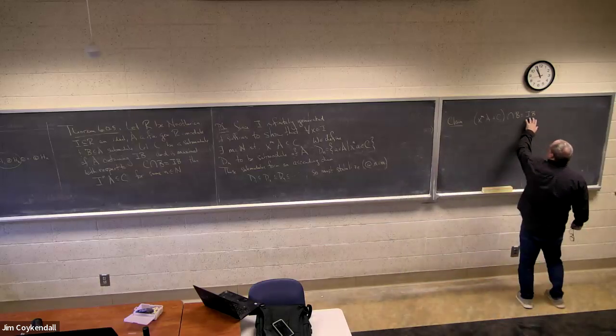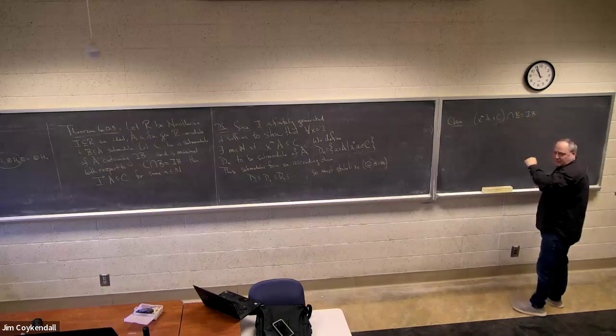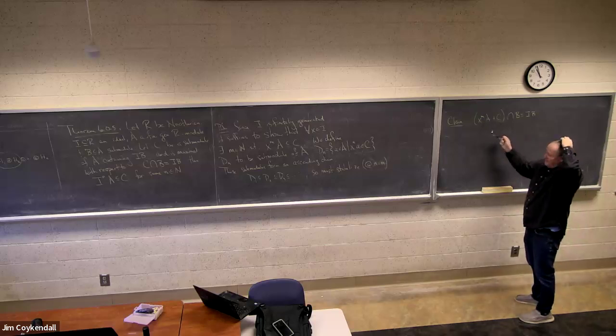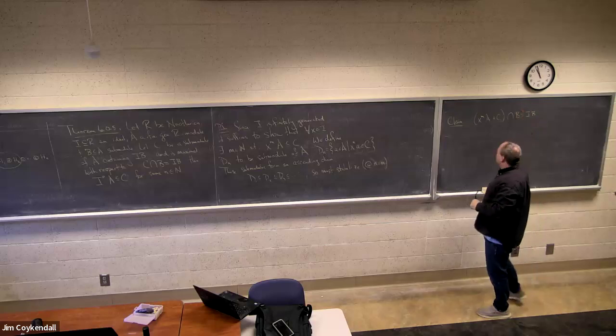Notice that this containment is clear, isn't it? Because IB is certainly in B, and IB is in C by hypothesis, and of course, C contains the rest of this chunk. So we've certainly got this.